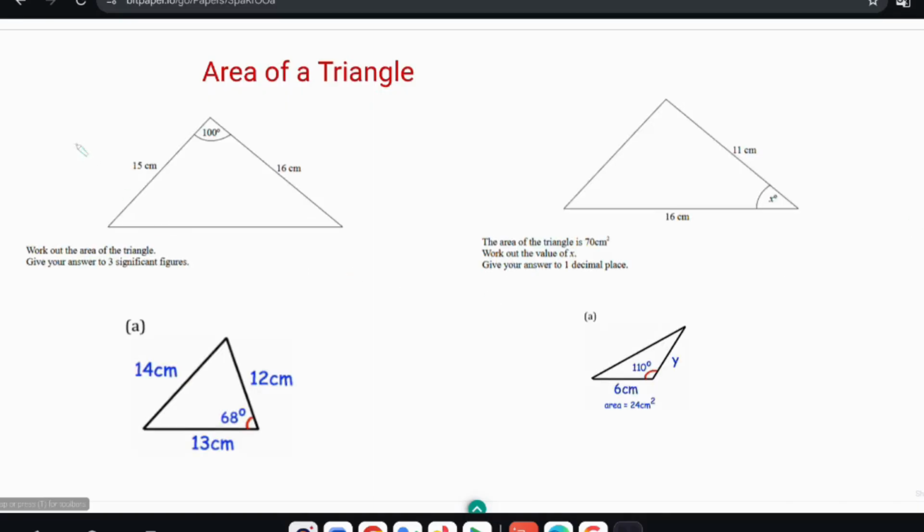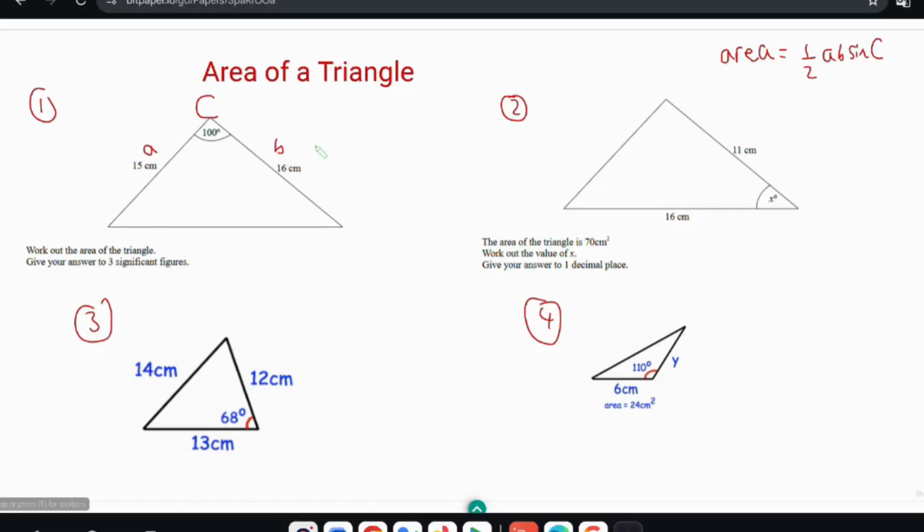Okay, have a go at these 4 questions yourself. Put me on pause, unpause when you're done. Now, I haven't got the formula here, but area of a triangle is half ab sine C. Don't forget, this has to be a big C. And your little a and b, that doesn't really matter.